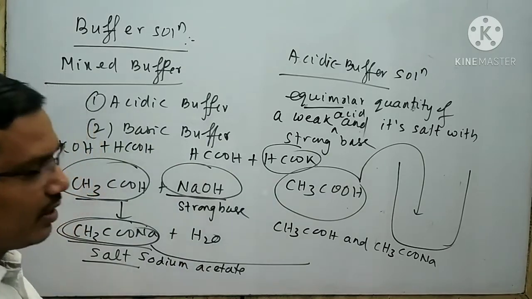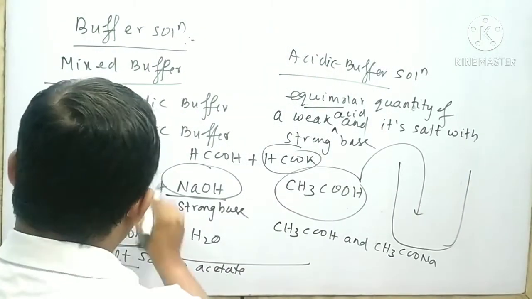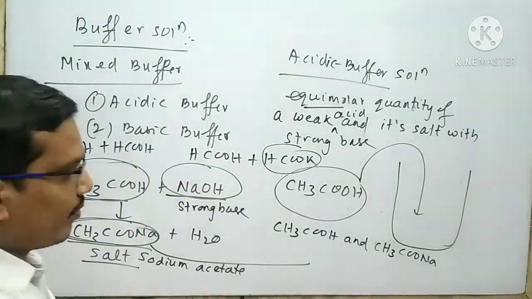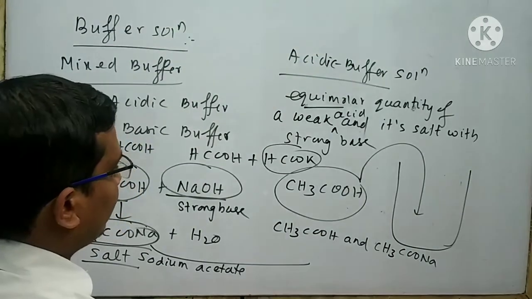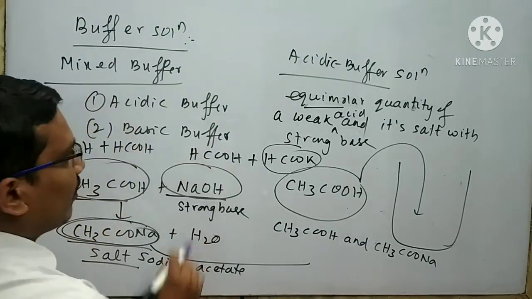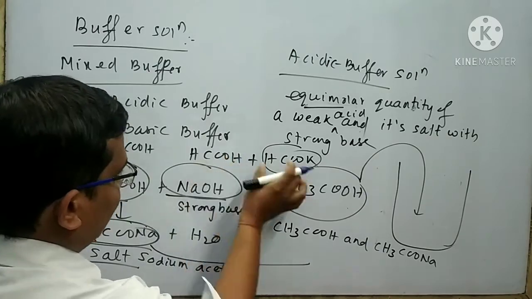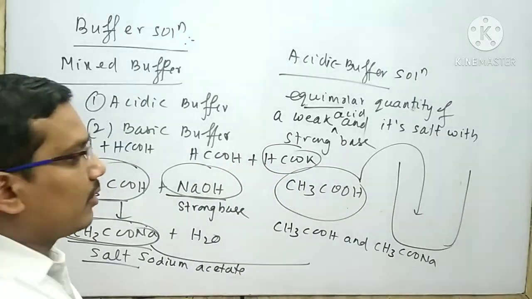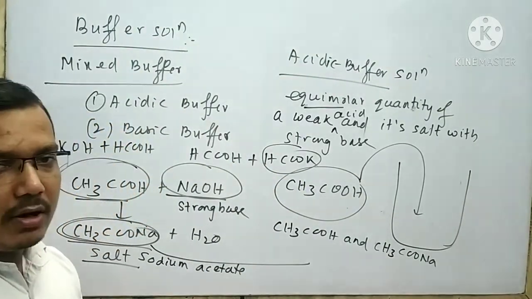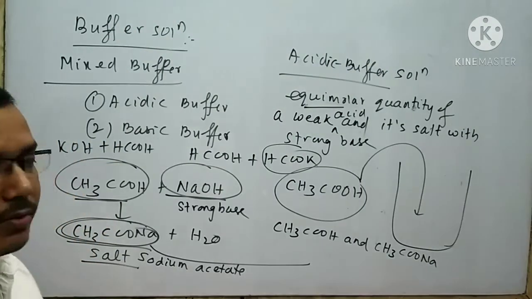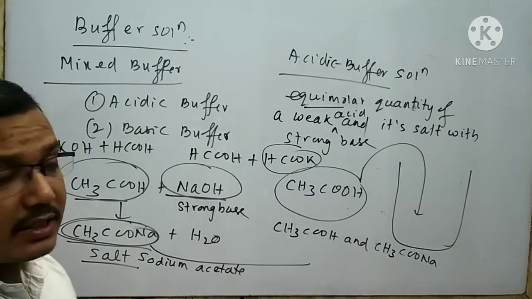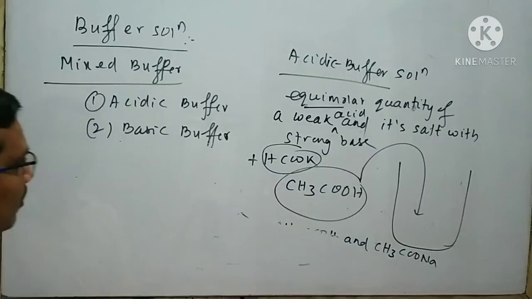So this is a salt of weak acid and strong base. So remember, an equimolar quantity of formic acid and potassium formate is also able to form an acidic buffer solution.